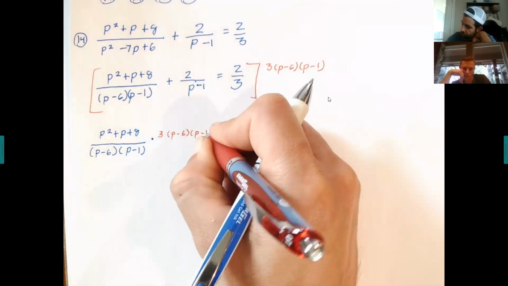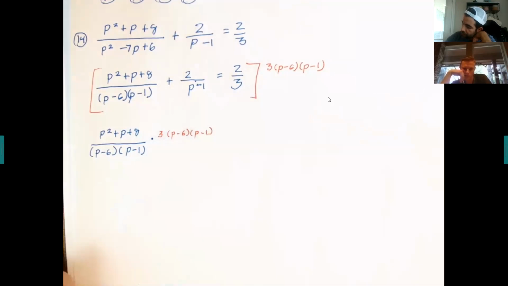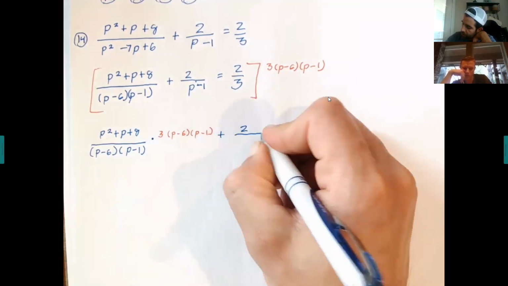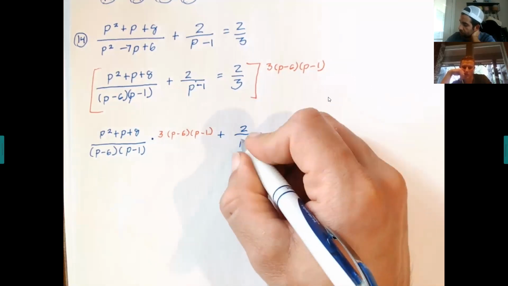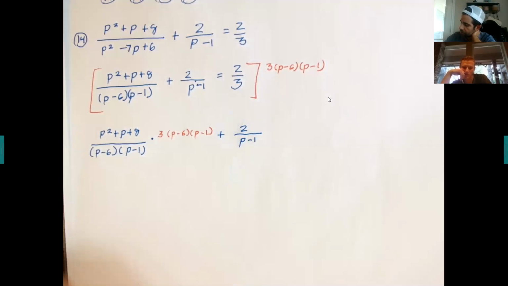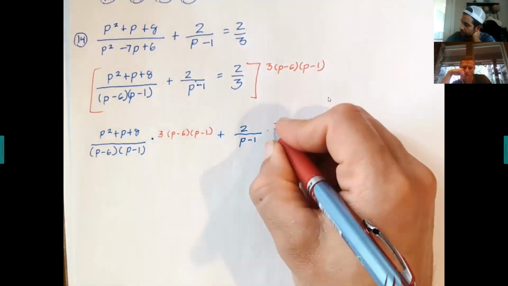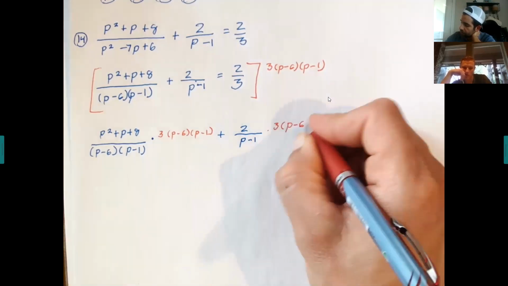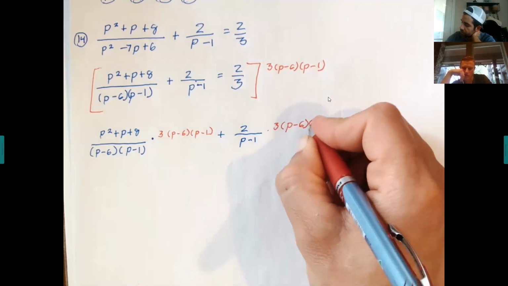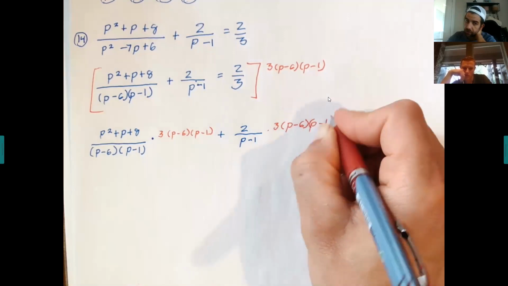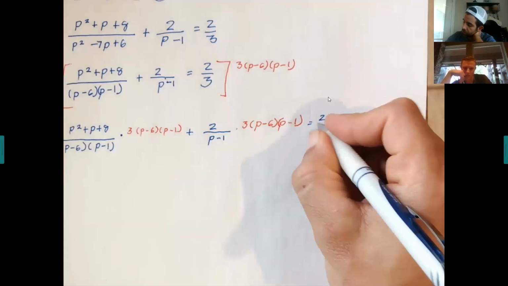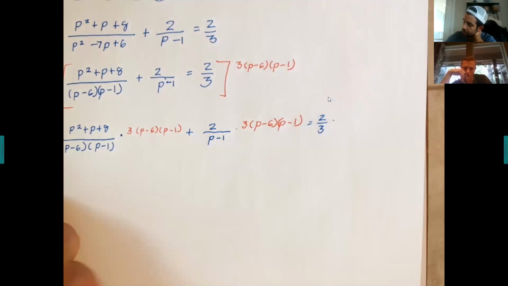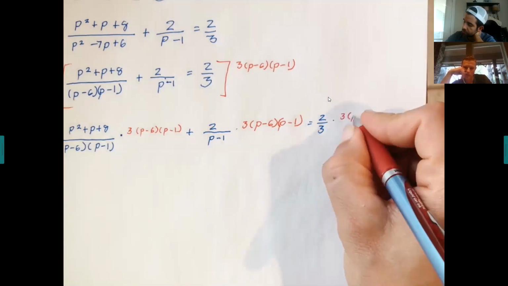So I'm just basically distributing, and I'm doing that in case anybody who happens to watch this video is wondering what I'm doing. All right, so I'm going to multiply this times the common denominator, but I wouldn't advise you to write it right now, unless you really want to. And finally, you have equals 2/3, and I'm going to multiply that times 3(p minus 6)(p minus 1).